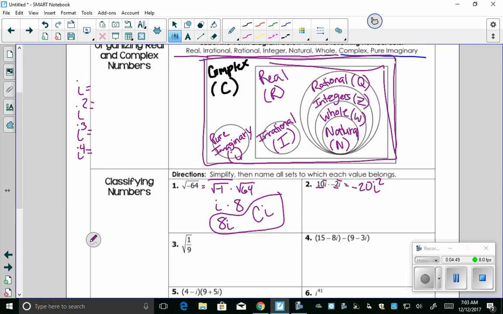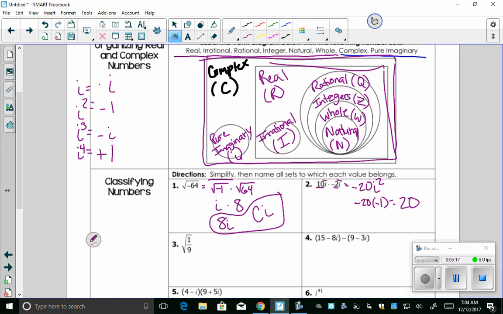The way I do mine is i, 1, i, 1, positive, negative, negative, positive. So i squared is negative 1. So I'm going to do negative 20 times negative 1, which gives me positive 20.